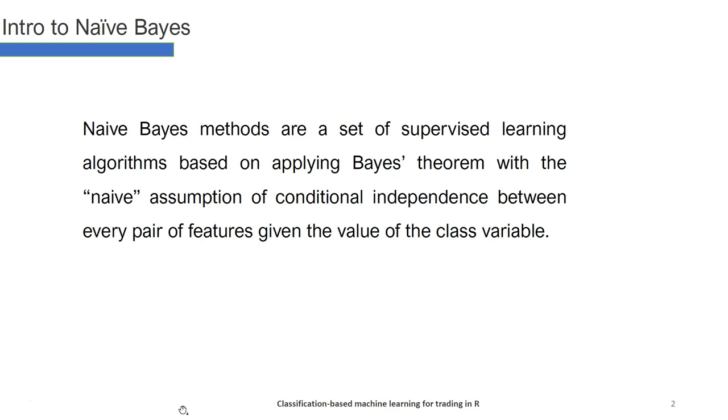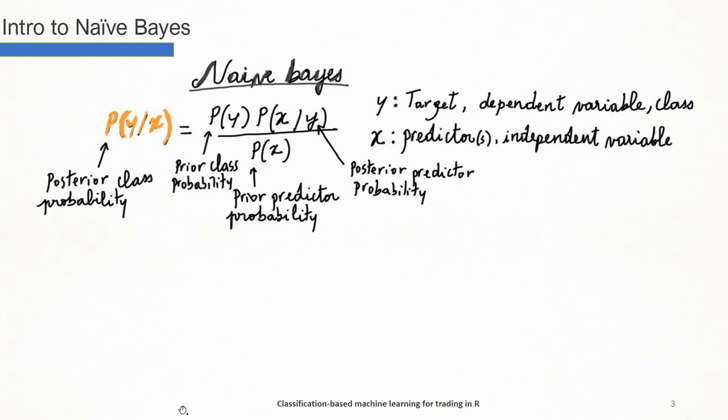So what does that mean? That means Naïve Bayes mainly consists of using the laws of probabilities to be able to predict some class or some label given a set of features or a set of variables. Take this example, I've put the formula here.